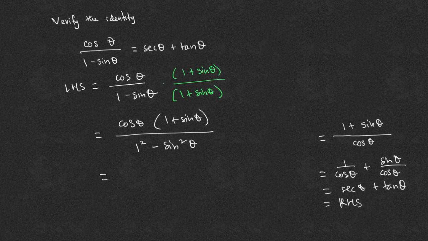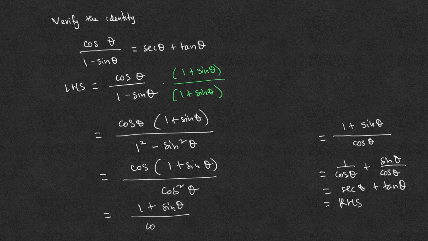The denominator is the Pythagorean identity. 1 minus sine squared theta is cosine squared theta, but the cosine of theta cancels out, leaving us with 1 plus sine theta over cosine of theta, and we picked up where we left off.